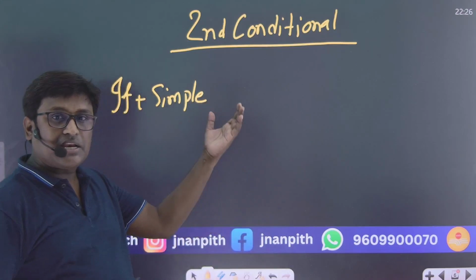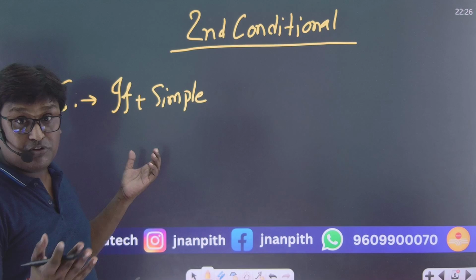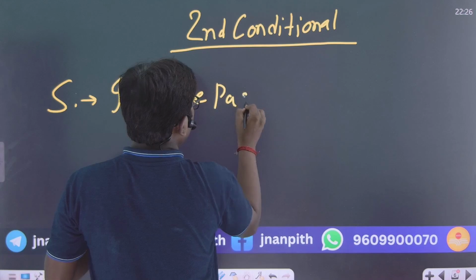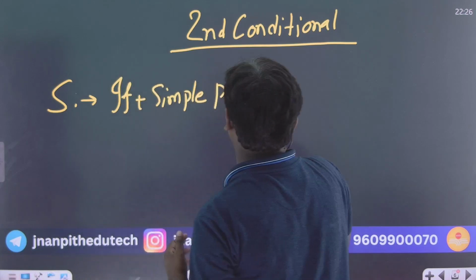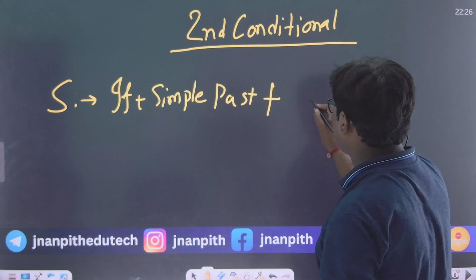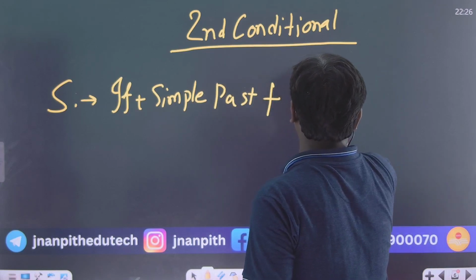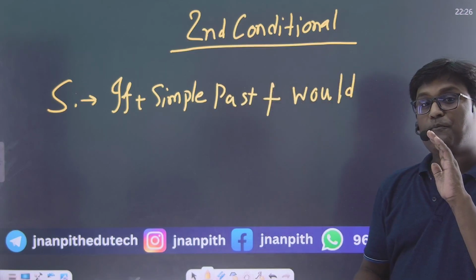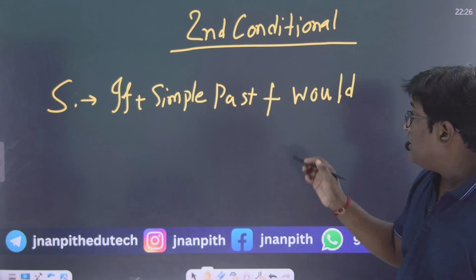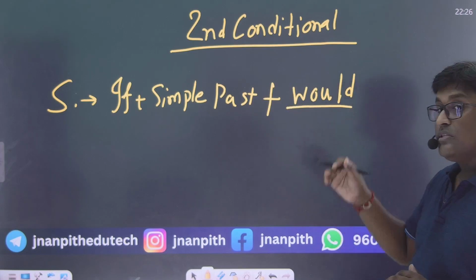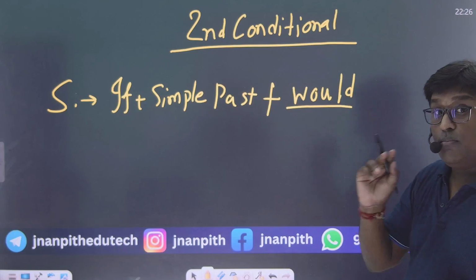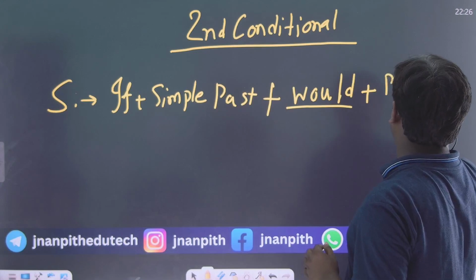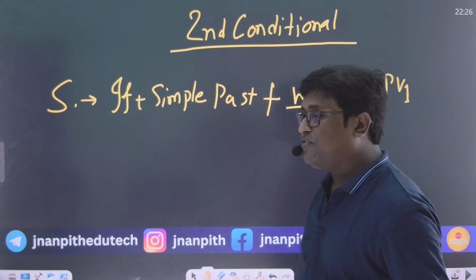Now in the second conditional we have to use, I should say, if plus simple past, and the most important part of the remaining part here is would. In the second conditional, in the principal clause we will use would. The past form of will is would. Mind it: would plus the base form, or first form, of the principal verb.